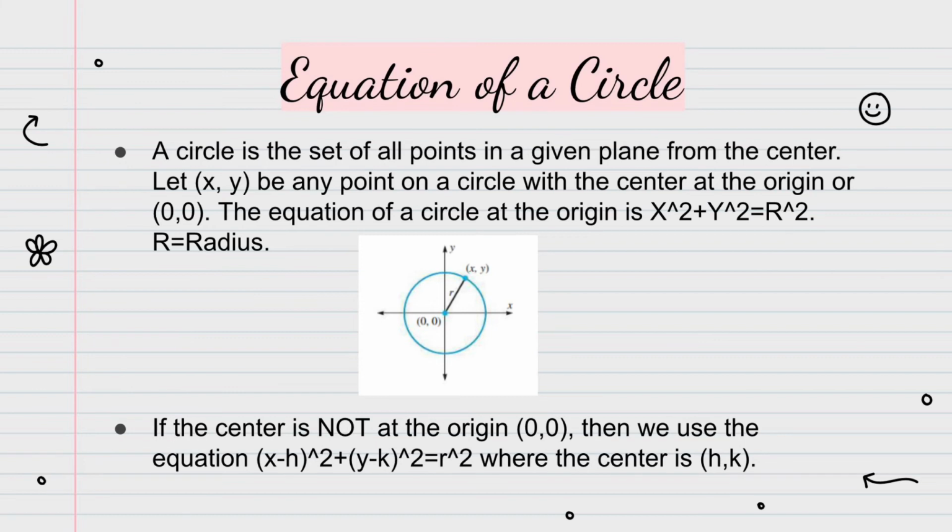The equation of a circle at the origin is x squared plus y squared equals r squared. The r equals the radius. However, if the center is not at the origin, or 0, 0, then we must use the equation x minus h squared plus y minus k squared equals r squared, where the center is hk.